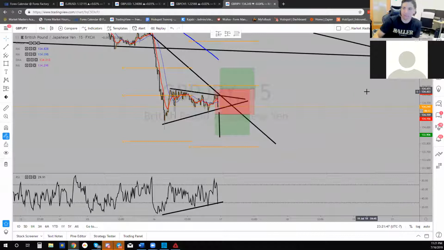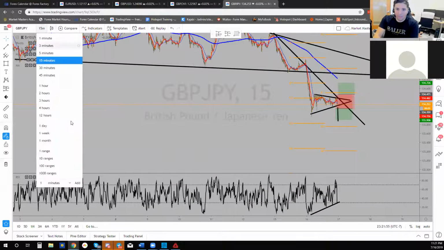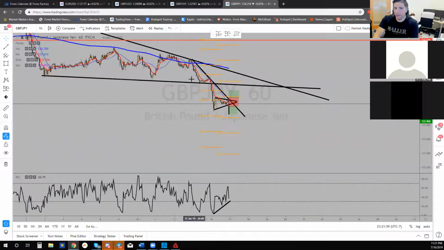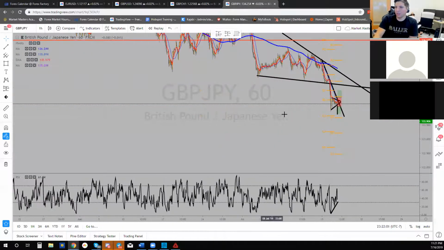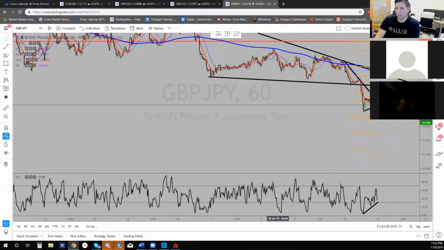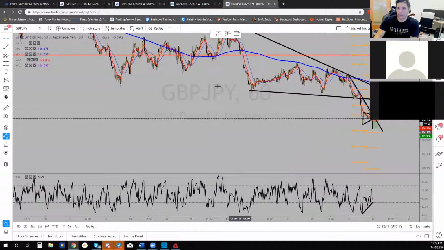Usually past 3 or 4 touches is considered a major support, and mainly on bigger time frames too. When you're on the 15, it's not really major support. It would be major support on a smaller time frame, but the bigger the time frame and the more areas that it's touching, the better that support is.